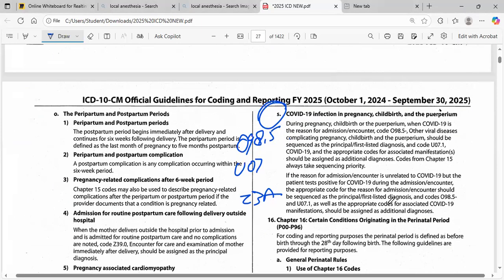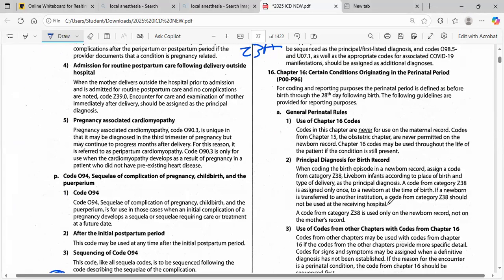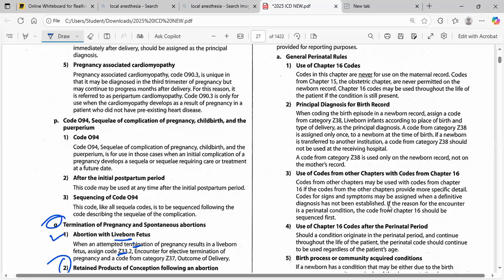Next we have pregnancy associated cardiomyopathy. Whenever a patient has pregnancy associated cardiomyopathy, we have a specific code O90.3, which we can use even after the termination of pregnancy or even after the delivery.